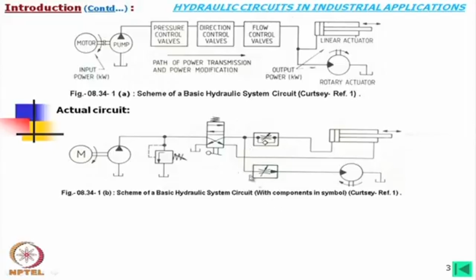And if we actuate this one, if we use this side, then this connection is not the connection here, this is just bypassing, I mean this is one line, this is another line. So, oil may come this side, again there is a flow control valve. This means that we can control the speed of this motor also.